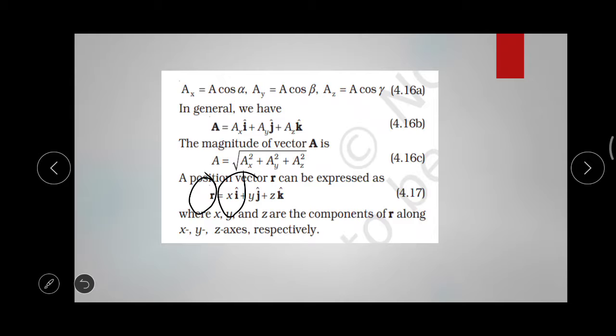Okay, so in 3 dimensions, the position vector will contain 3 components, one in x axis, another one in y axis, and one in the z axis.